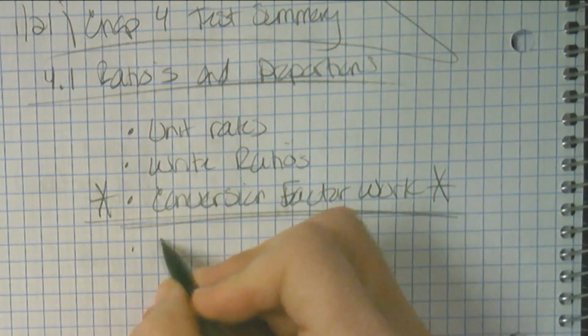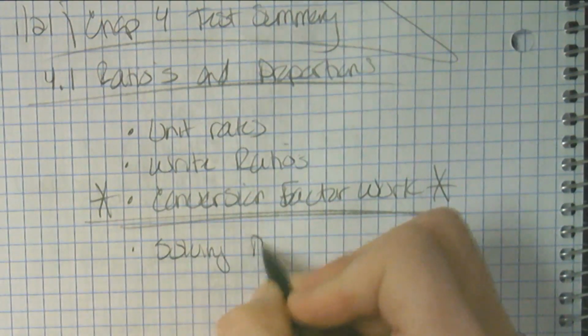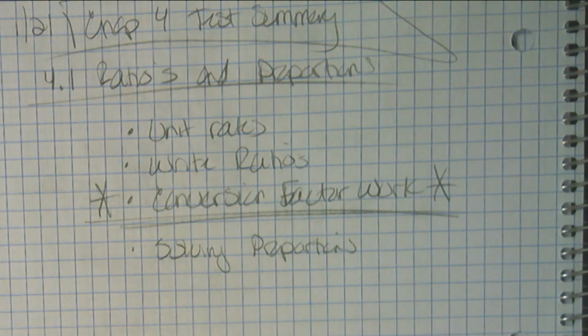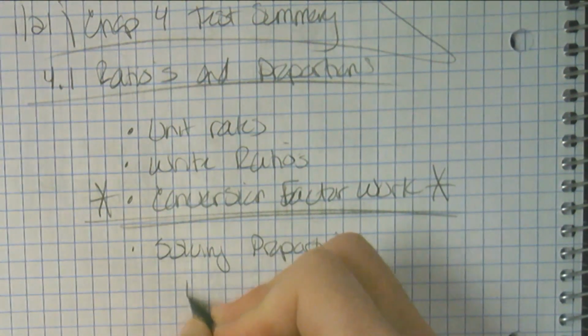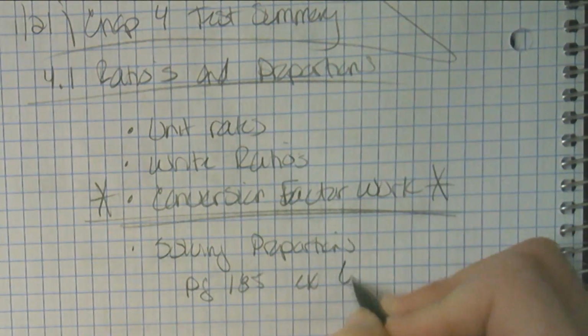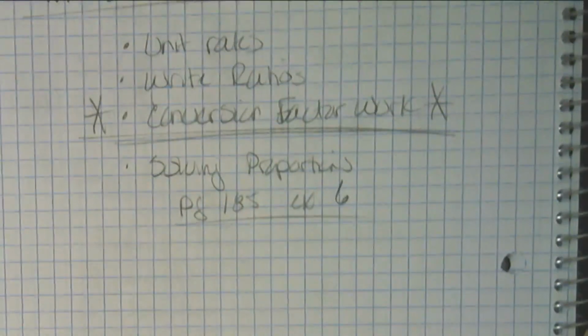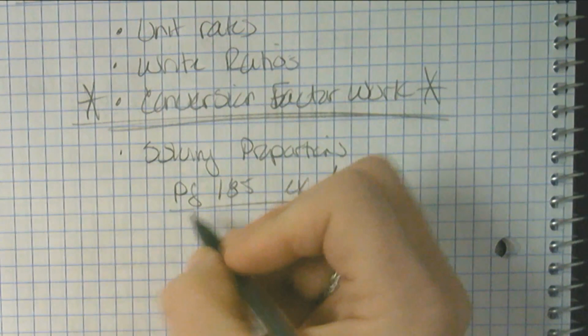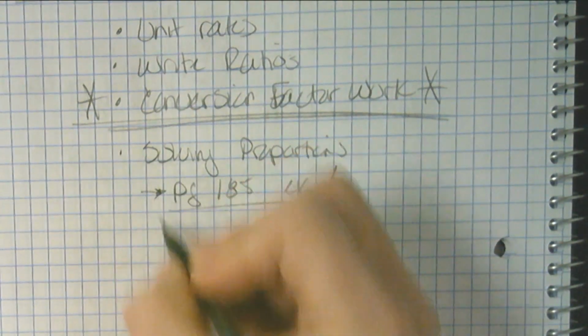We also were solving proportions. I would definitely look at page 185, example number 6. I would definitely take a look at that again. All right, and you're definitely getting a story problem.